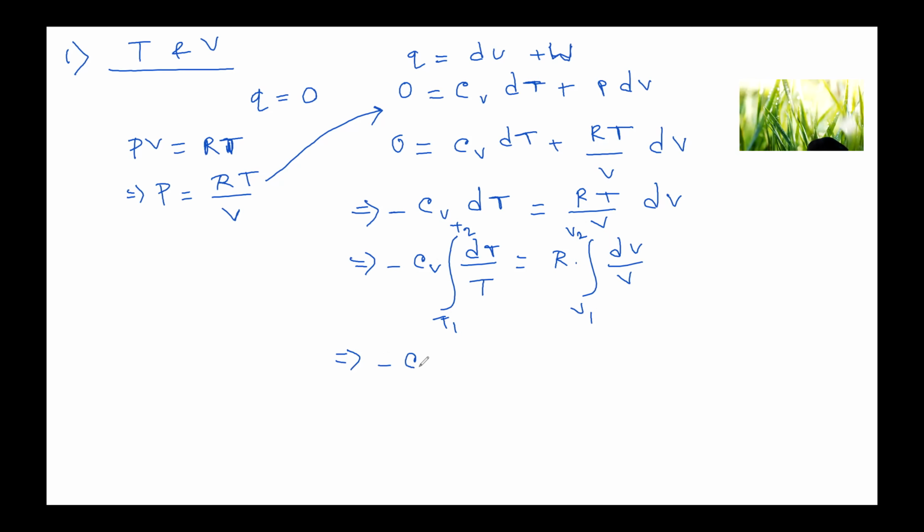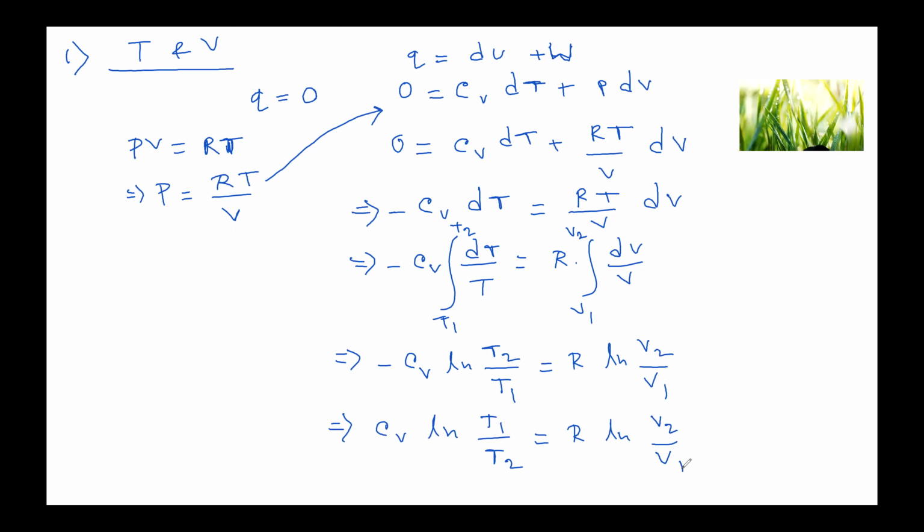Negative Cv ln T2 by T1 equals R ln V2 by V1. So reversing this sign, Cv ln T1 by T2 equals R ln V2 by V1.